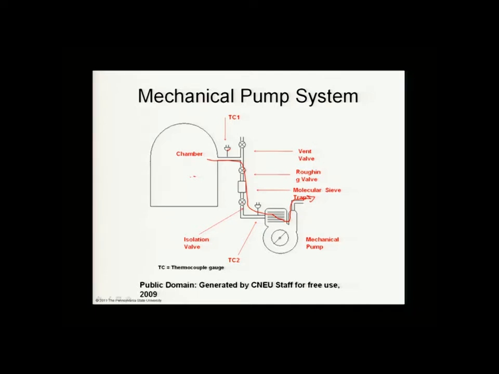You may have a trap here to control the effluent. Here's your mechanical pump. You recognize the vane trapping the molecules and pushing them out, like the vane in a rotating door in a department store, as I was mentioning. Here's another thermocouple, a gauge to keep track of the pressure.